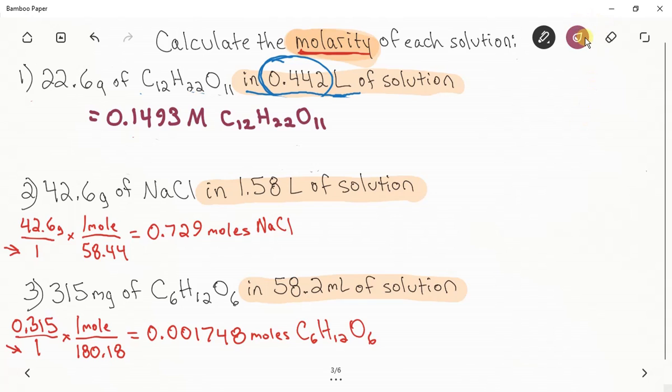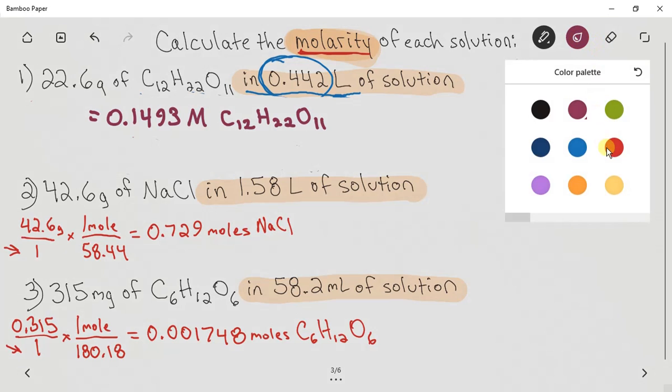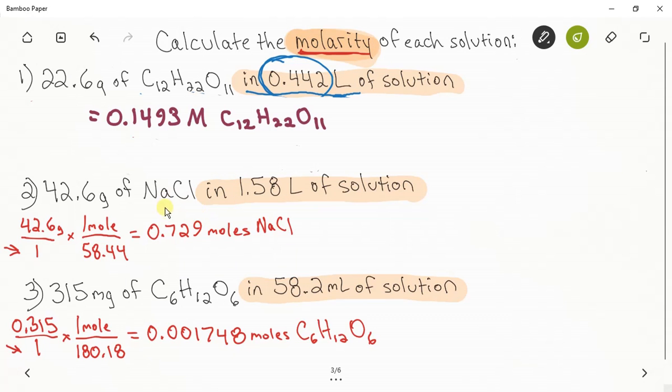We have 42.6 grams of sodium chloride in 1.58 liters of solution. So we already know how many moles 42.6 grams of sodium chloride is, because that's what we have. You act like you're working in a lab, or you're working in the kitchen.